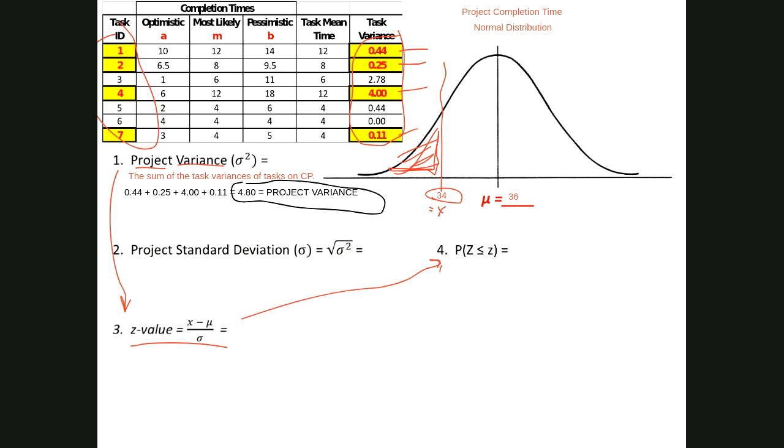So the next step is to calculate the standard deviation, which is the square root. We use the Excel function SQRT, the square root of 4.80, and this is going to be 2.19.